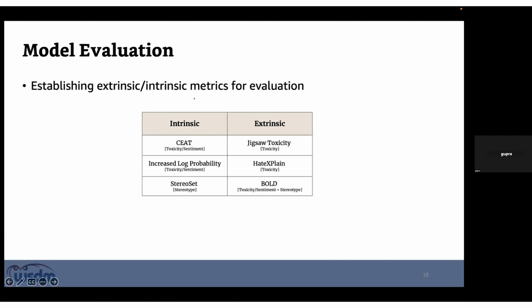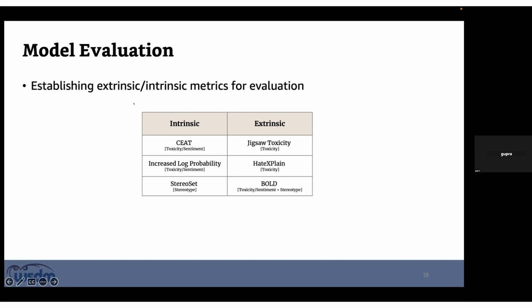Now let's move towards model evaluation. Model evaluation is a beast in itself, because we have been trying to see what sort of metrics, particularly when it comes to fairness, we should incorporate in gating the model.